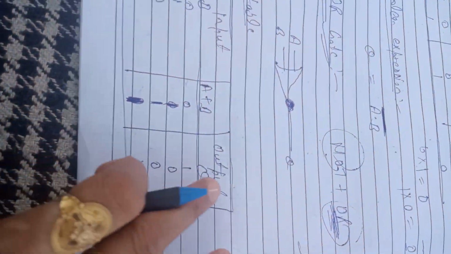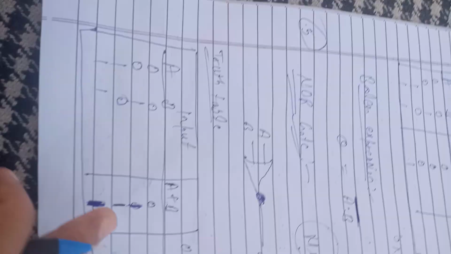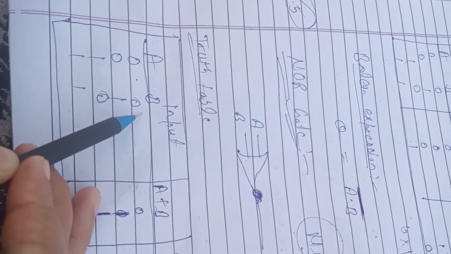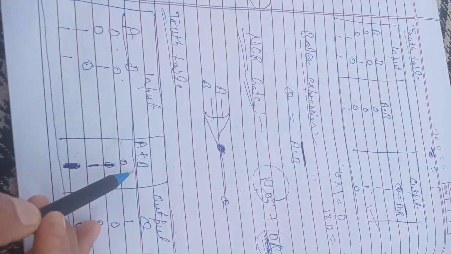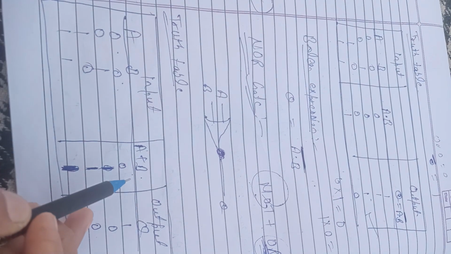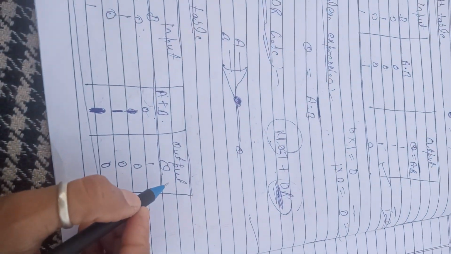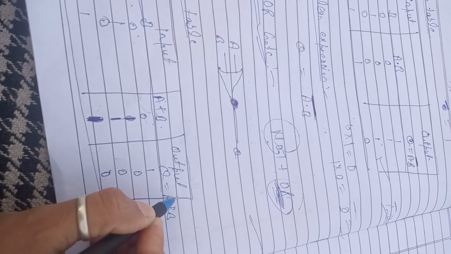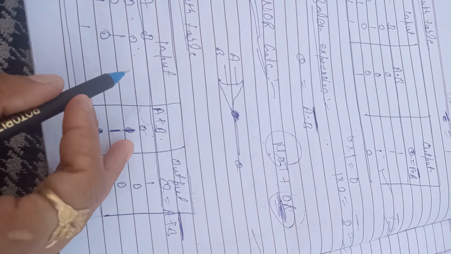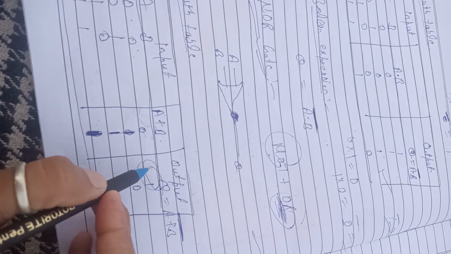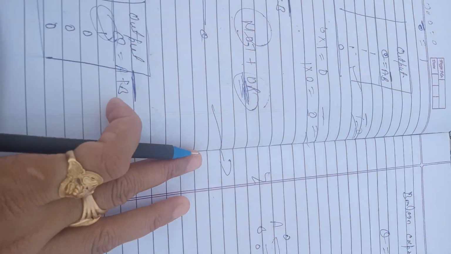So in the truth table, when both inputs are 0, A plus B is equal to 0 plus 0, which is 0. The NOT gate reverses it, so Q is equal to (A plus B) bar, and this is the output of the NOR gate.